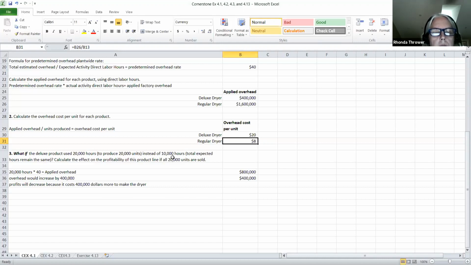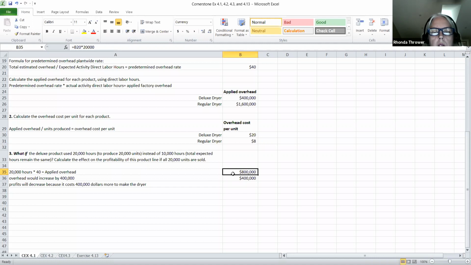Since they told you the total expected hours remain the same, the predetermined rate is going to be the same, still $40. The only difference is our actual hours to produce the deluxe product is 20,000 hours. So 20,000 hours times the predetermined rate will give you the applied factory overhead, which is 800,000.